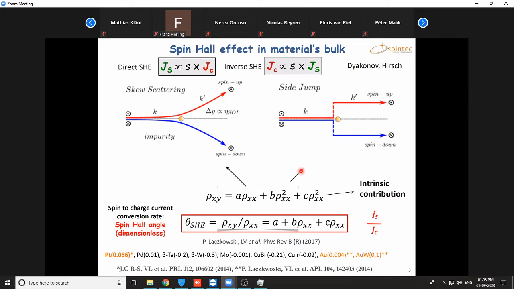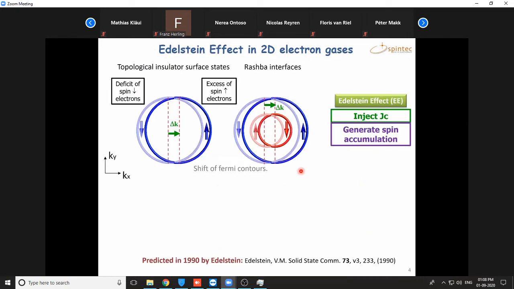In Rashba interfaces or 2D electron gas, more generally, we can use what is called the Edelstein effect to convert charge to spin. So these are some cuts in energy in the K-space. And here you have a Fermi contour for a topological insulator.